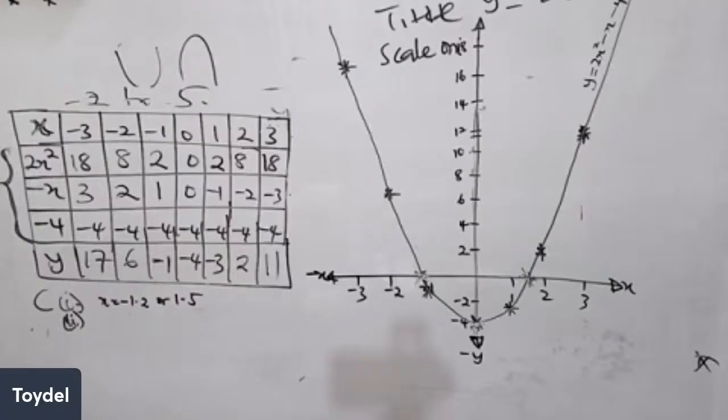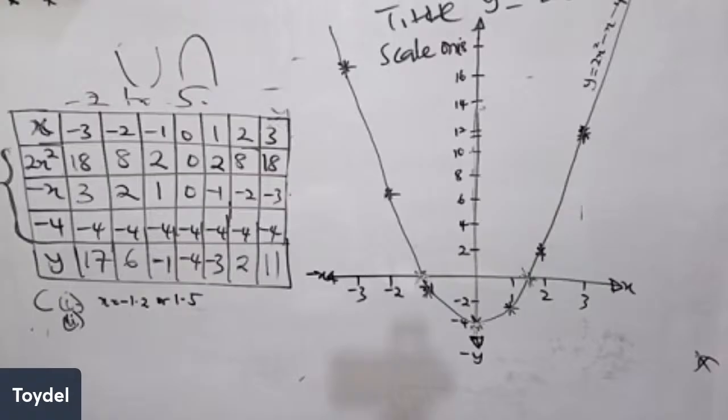The question is from 2001, question 6. The question says that you should draw the table of values for the relation. The first one is a quadratic graph, y is equal to x squared, for the interval -3 to 4. That's the value of x.